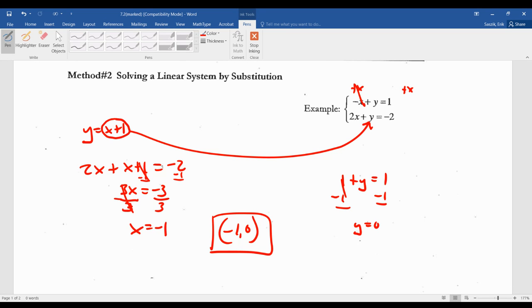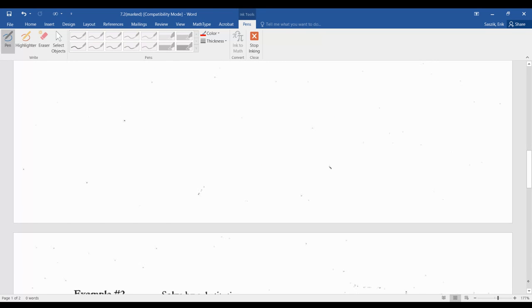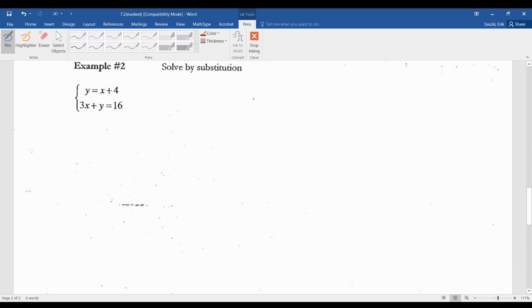Now on the back side, this next problem, maybe you want to try to do it yourself first. This next one's actually easier because the first equation is already solved for a variable. The first equation is solved for y, right? Y is the same thing as x plus 4. So we're going to take that and substitute it into the other equation and rewrite that equation.